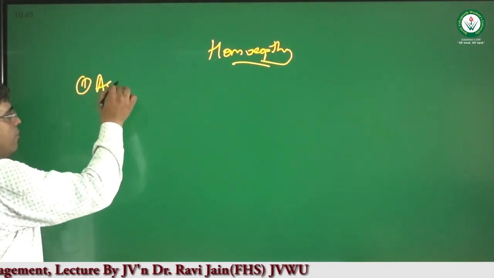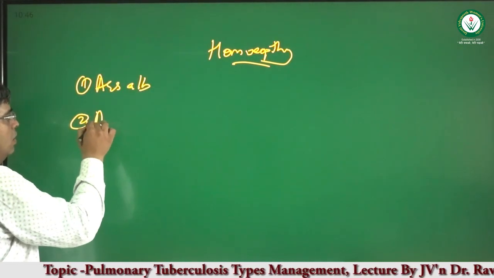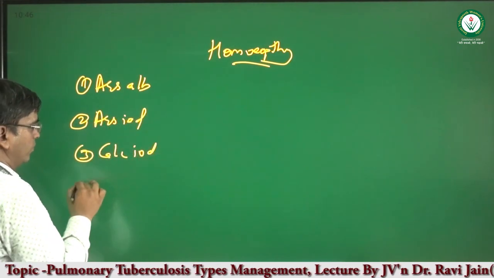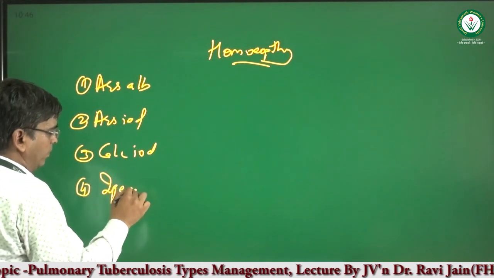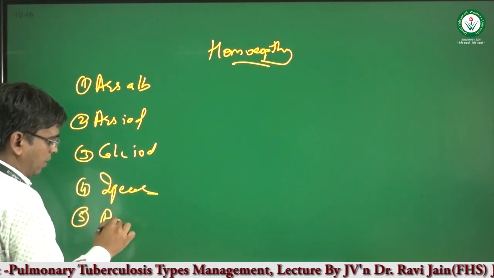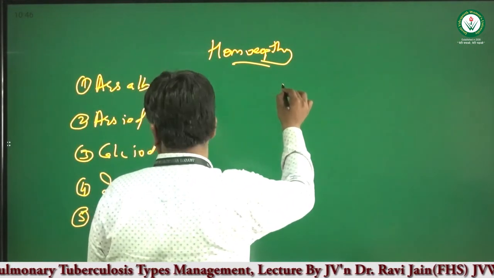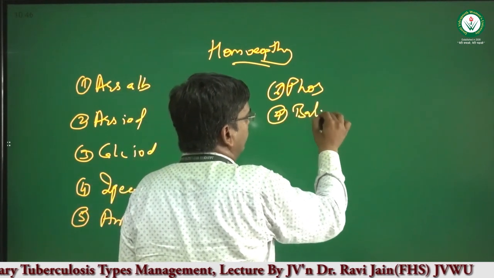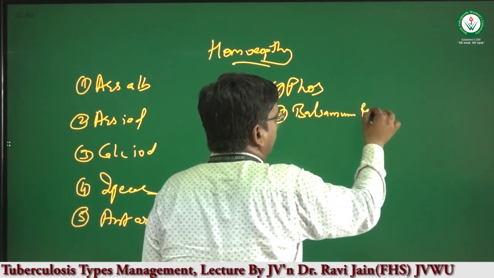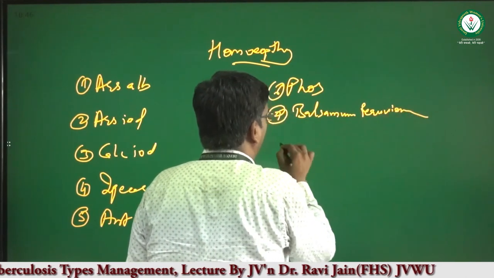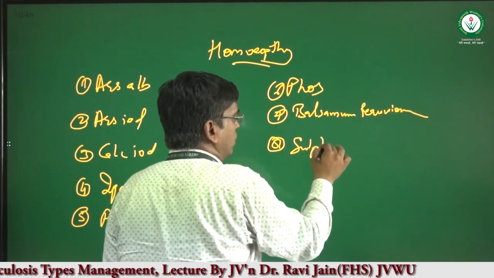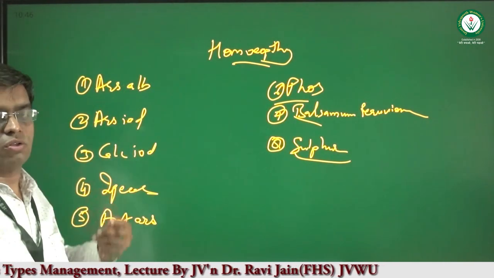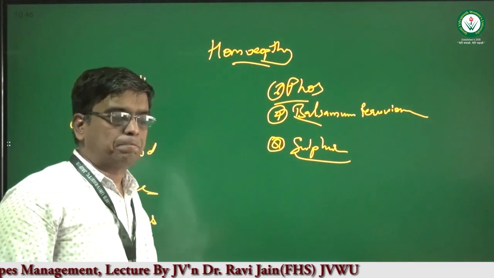Most important medicines are arsenic album, arsenic iodatum, calcarea iodata, ipecac, antimonium tartaricum, phosphorus, balsamum peruvianum, and sulphur. These are the most important medicines that are commonly prescribed to patients of pulmonary tuberculosis based on the symptom similarity.